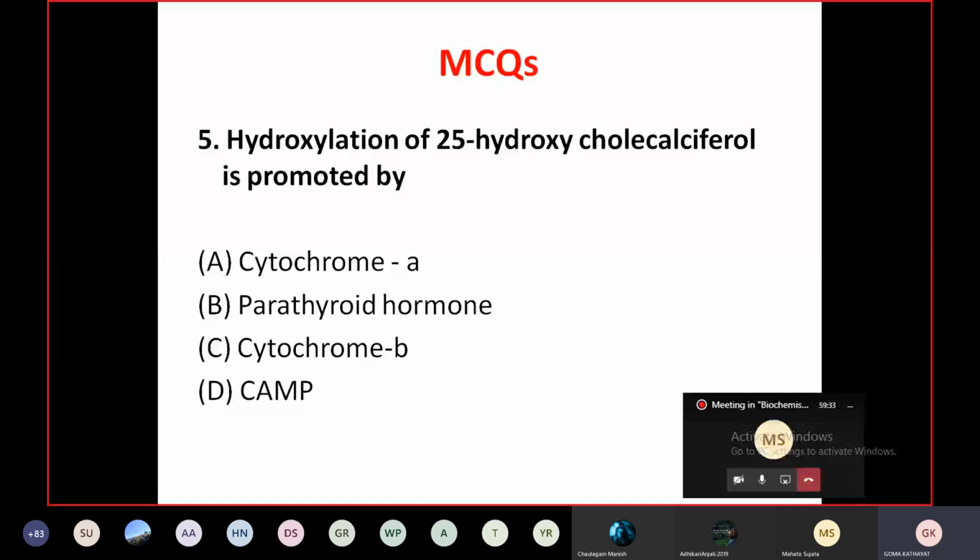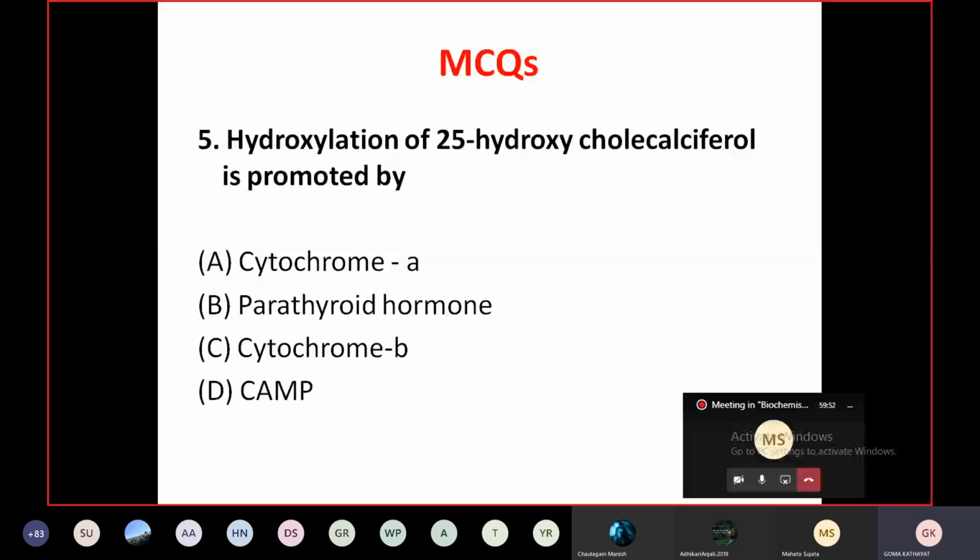I explained it to you. Parathyroid hormone activates the 1-alpha hydroxylase, that means the 1-hydroxylase enzyme which is present in the kidney. This parathyroid hormone is released from the parathyroid gland in the presence of a low level of calcium.